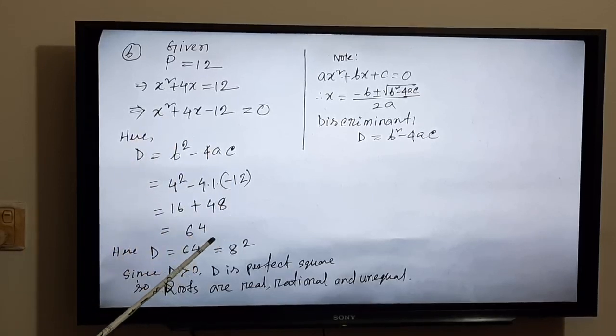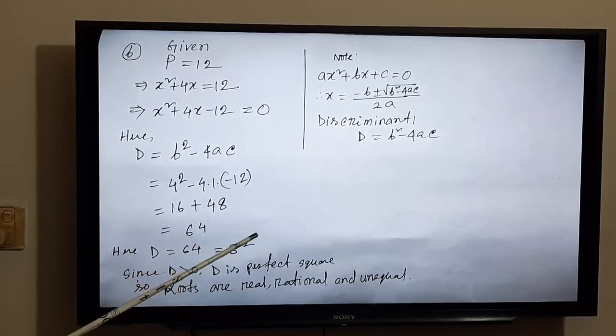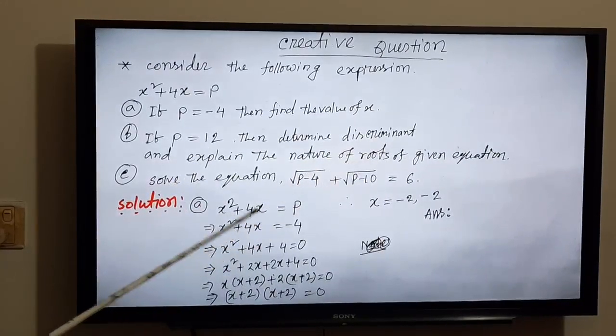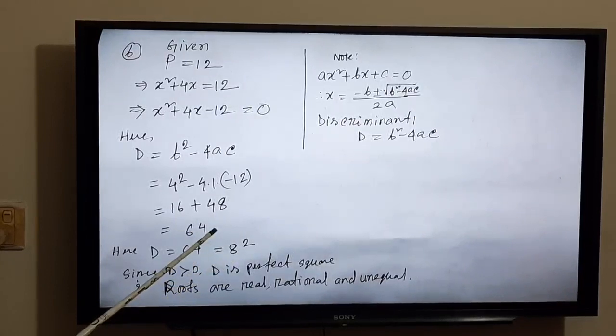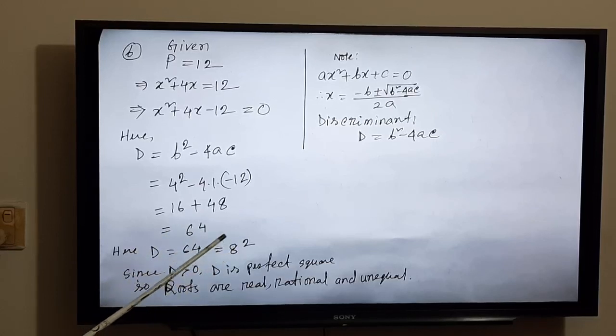So already we have got our answer, 64. This is our discriminant. So the question is the discriminant and nature of roots. So the discriminant is 64, and the nature? How can we find the nature? Analyze this value. 64 is a perfect square number.